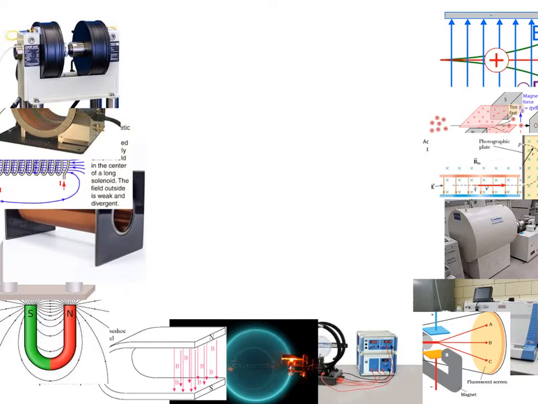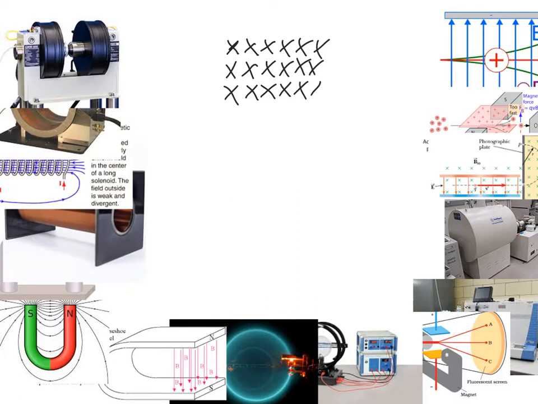We have a place where we have a uniform field, and we know that a magnetic field, a vector, any vector, going into the page is an X. And so uniform field means evenly spaced field lines. And so when you see this, you're seeing a uniform magnetic field going into the screen or the page.